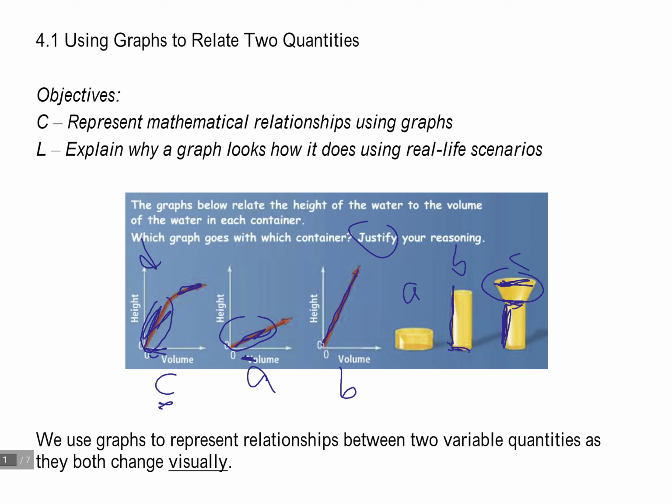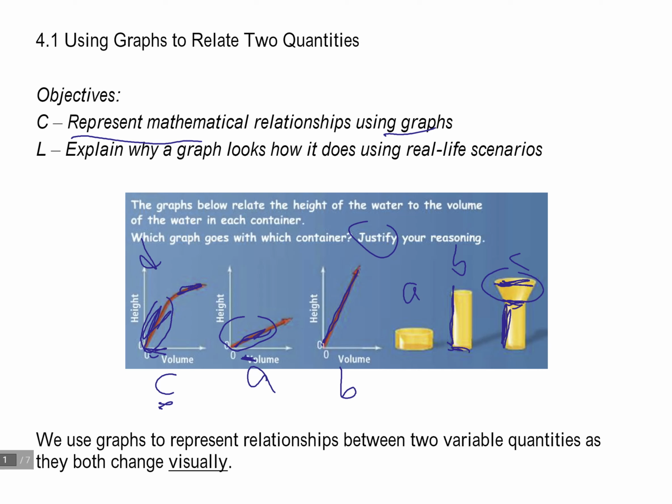Okay, so that's the kind of thing that we're going to be doing off and on this chapter, analyzing the graph. Pretty much this whole section is about representing the relationship that we're looking at using graphs. So the whole idea in this section is thinking about the relationship we have and looking at a graph and making some sort of graph based on the situation.